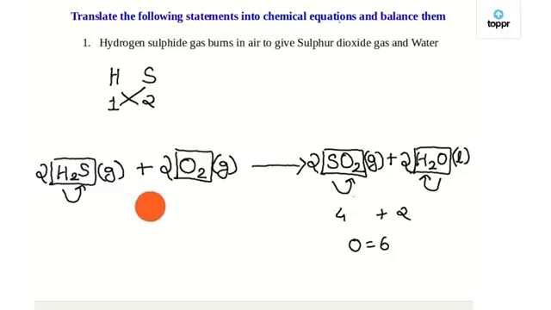Yes. Just have to do one simple thing. 2 into 2 oxygen was 4. So here we can multiply the oxygen by 3. Now the oxygen has become 6. Thus our balanced equation becomes 2H2S plus 3O2 gives 2SO2 plus 2H2O.